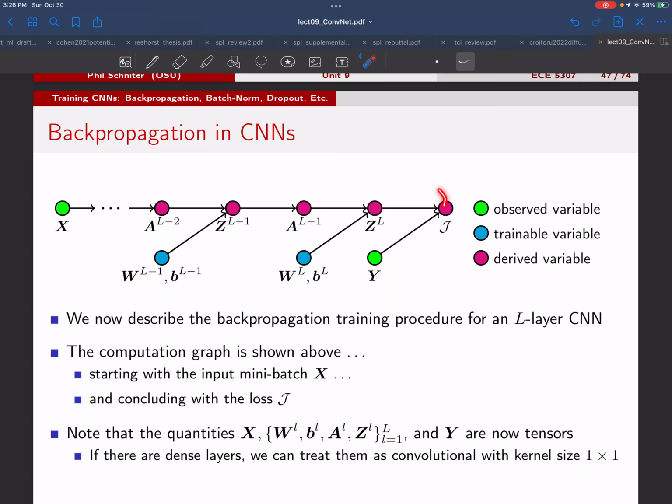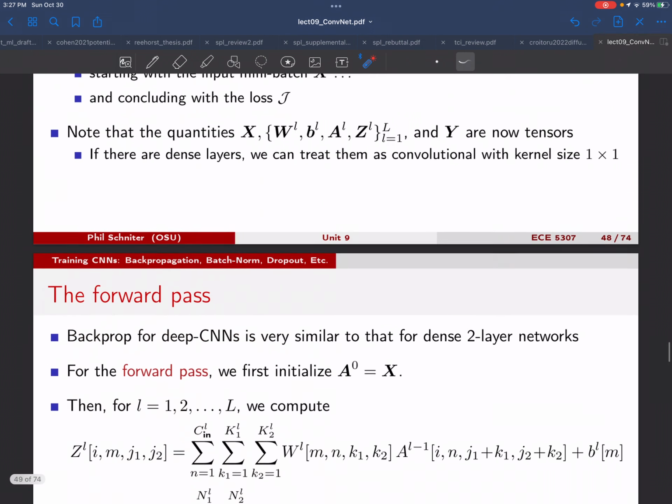If I want dJ/dbL, then I do dJ/dZL times dZL/dbL. Again, I'm going to look at a particular entry, the mth entry, and the usual question we have to ask is how many different nodes does that affect, because when we do the multivariable chain rule, we need to sum over all the affected nodes.